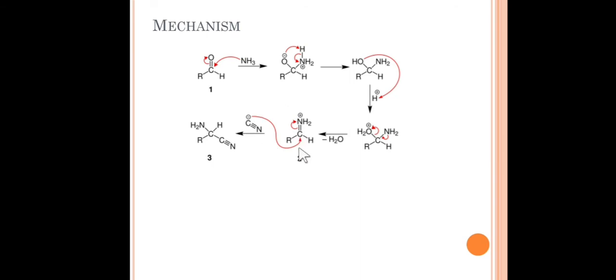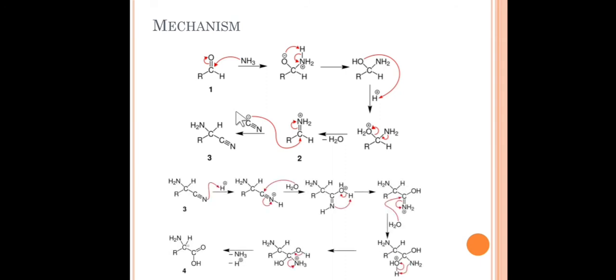It attacks and we get neutralization of the positive charge on the nitrogen. After that we get the alpha amino nitrile 3. This amino nitrile, in the next step, we will hydrolyze to the amino acid. So let's see the next step.